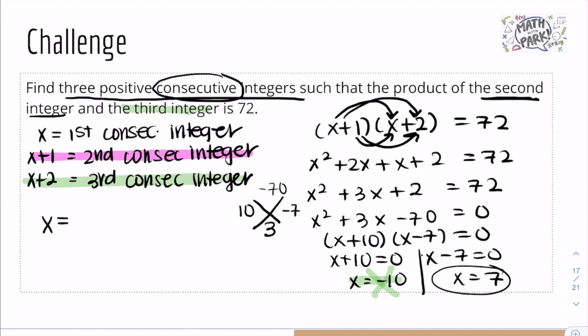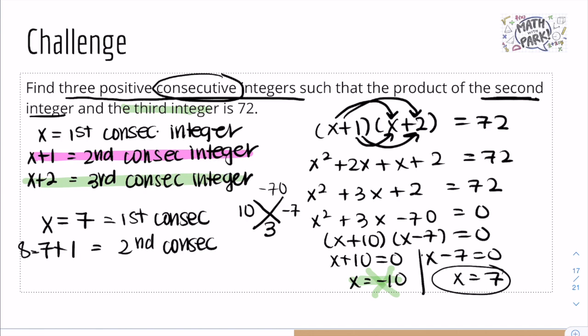X equals 7. That's my first consecutive. 7 plus 1, my second consecutive, which is 8. And then 7, 8, 9 would be our third consecutive. So our answers are 7, 8, and 9.